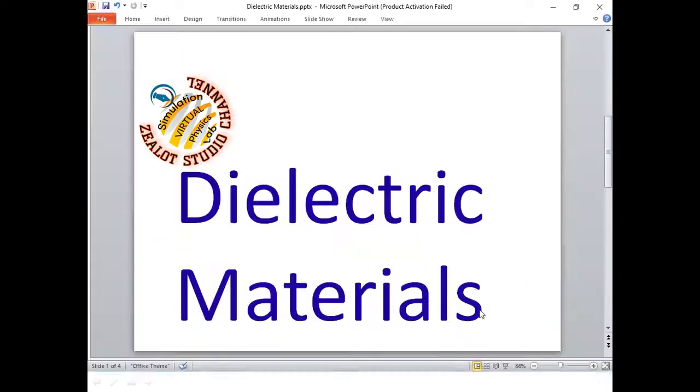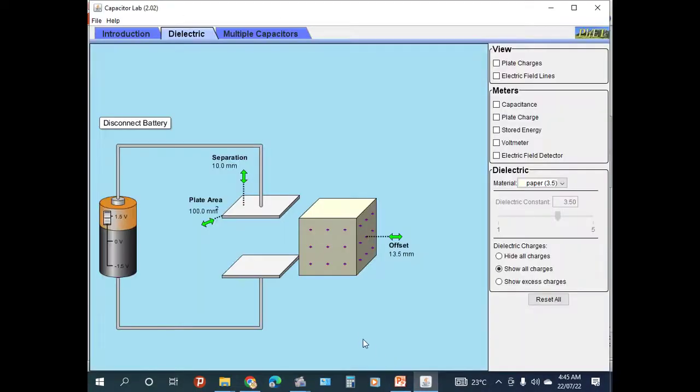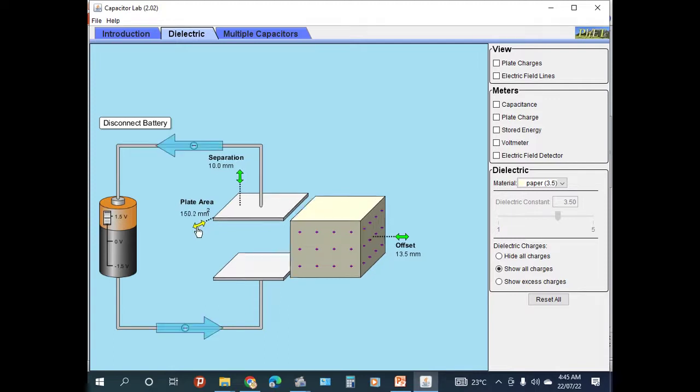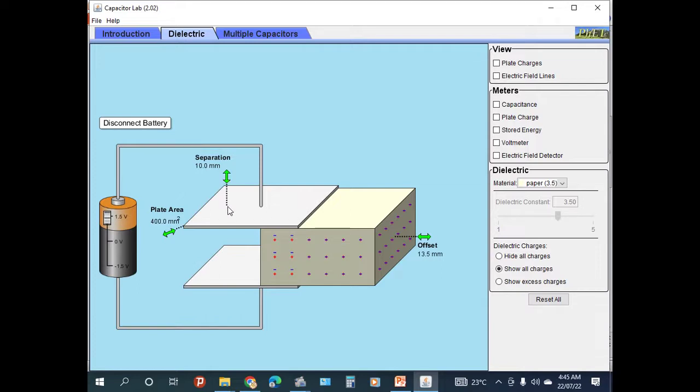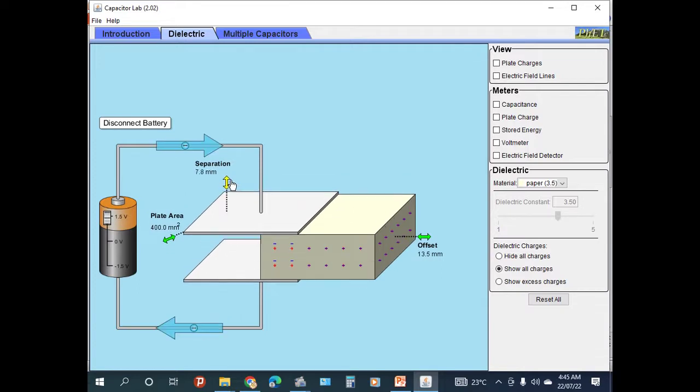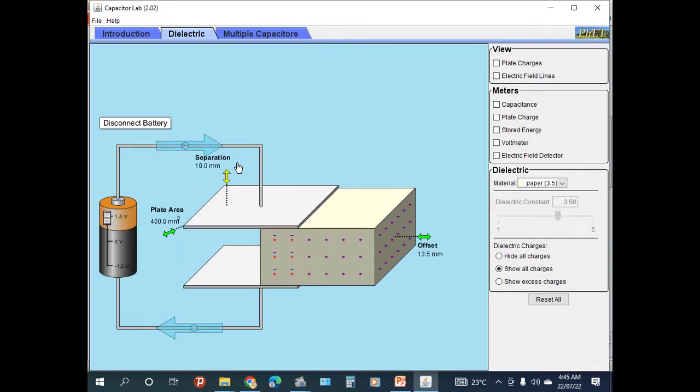Welcome back to the simulation. This one is the metal plate, positive or negative plate. Here also is a metal plate, and this is the separation between the plates, minimally 10, and the plate area is increasing or decreasing, and the separation between the two plates is increasing or decreasing.